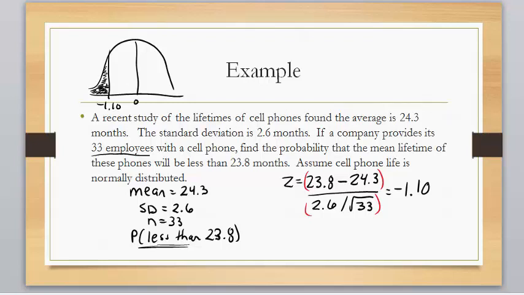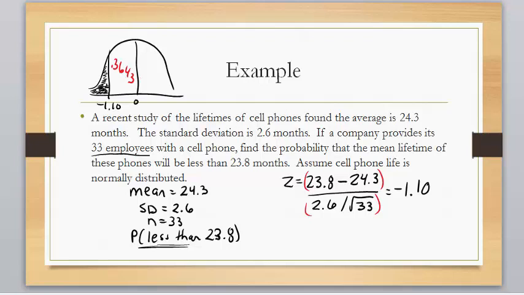We'll go to our table and we'll look up 1.10. So that's going to give me 0.3643. Remember that that goes between 0 and the number that you looked up. Again, I note that that is not a shaded region.